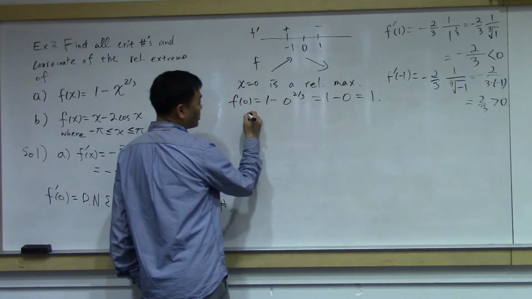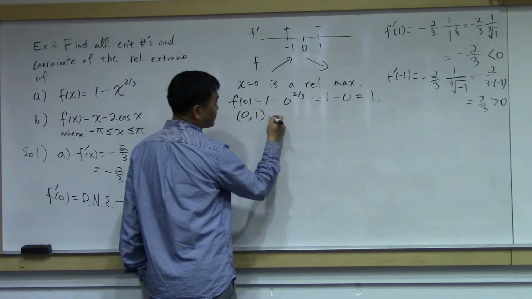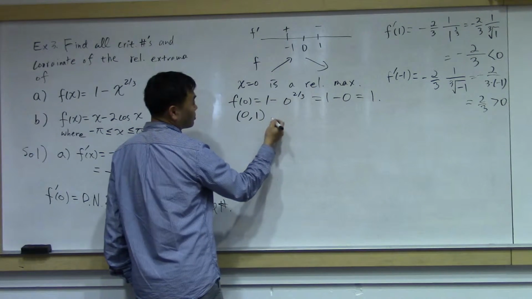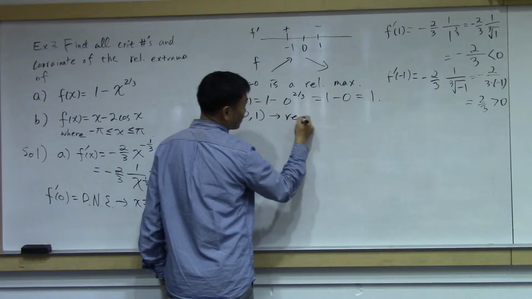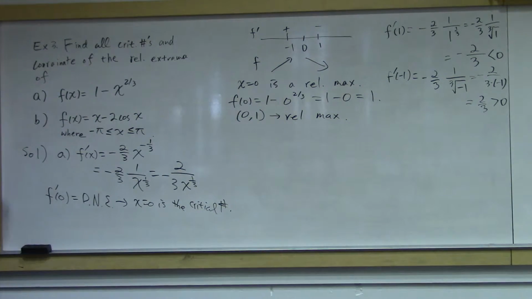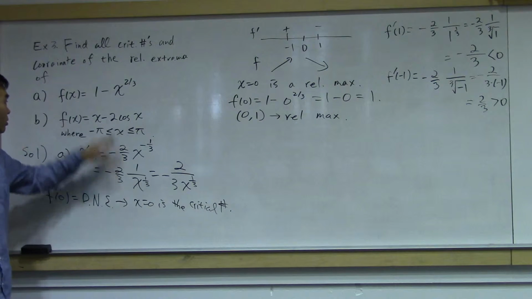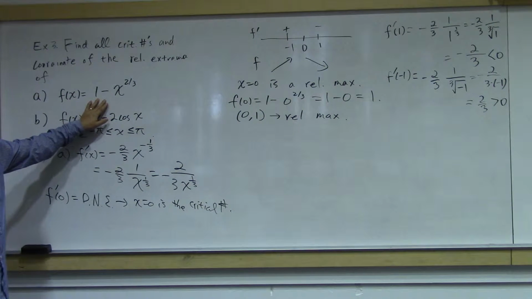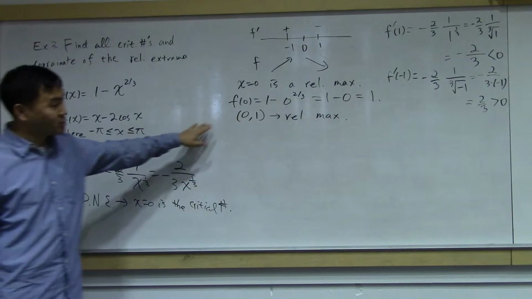So you get (0, 1). (0, 1) is the relative max. So for question A, x equal to 0 is the only critical number, and at x equal to 0, you have a relative max.